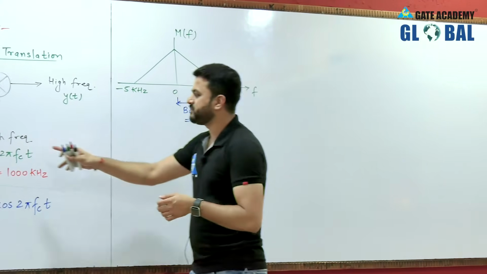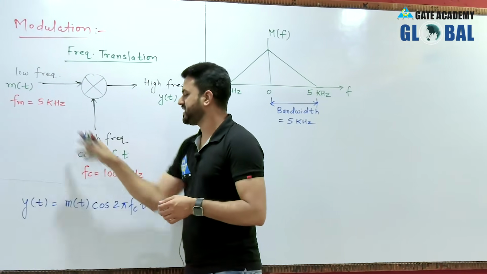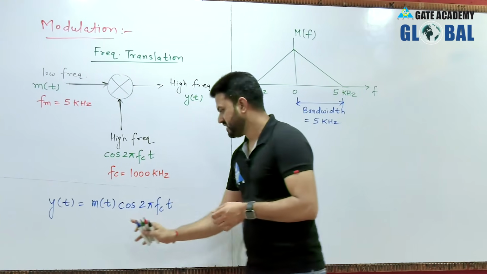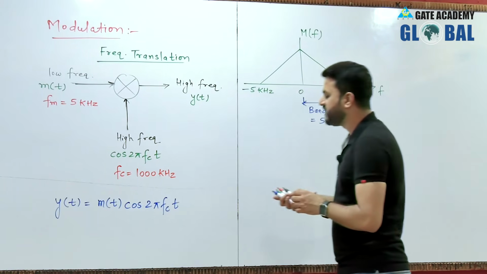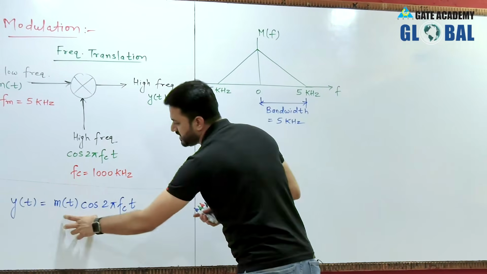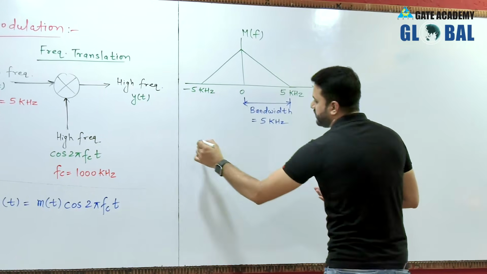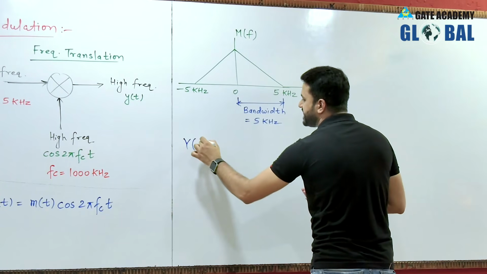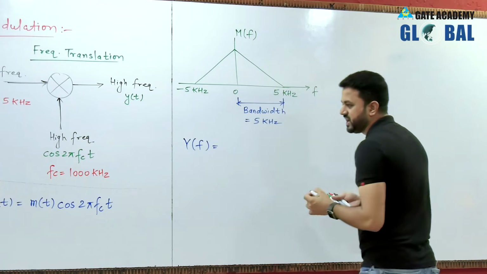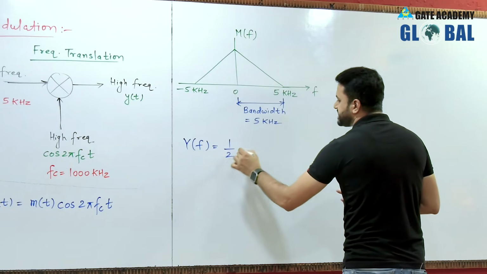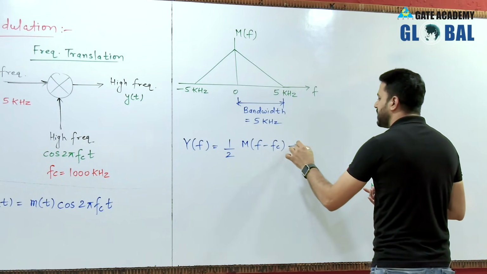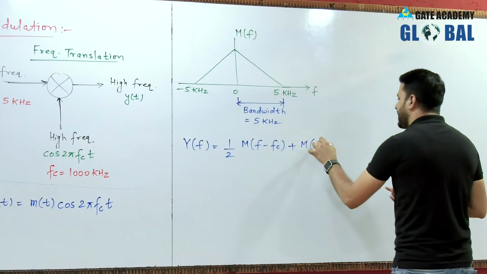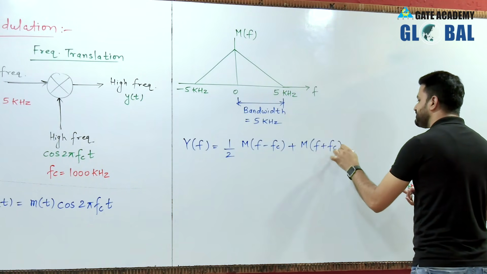Now we are multiplying m(t) with cos 2 pi fc t. So what will be the Fourier transform of this signal? The Fourier transform of y(t) is Y(f), and it can be written as 1/2 [M(f minus fc) plus M(f plus fc)].